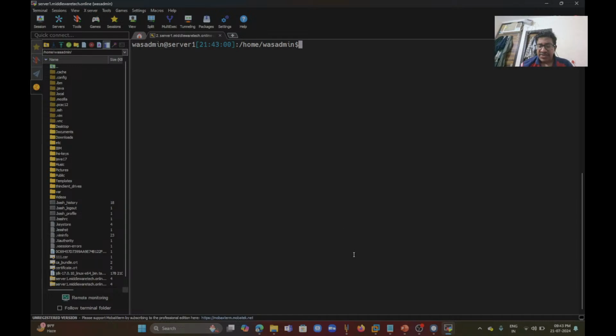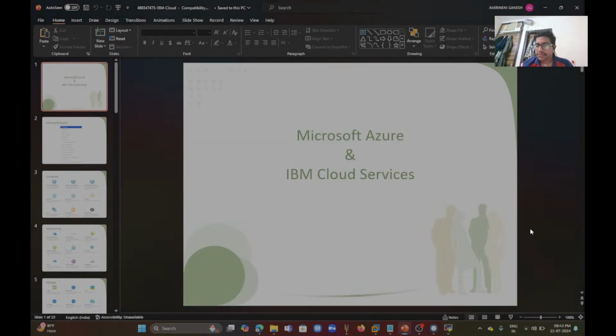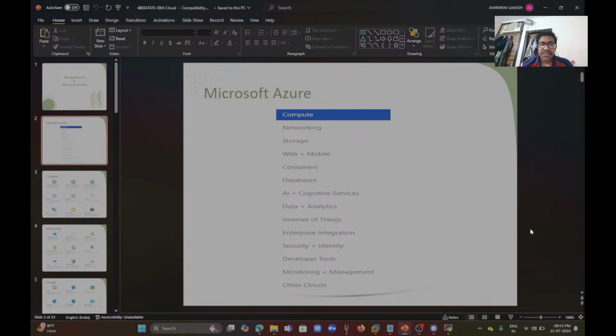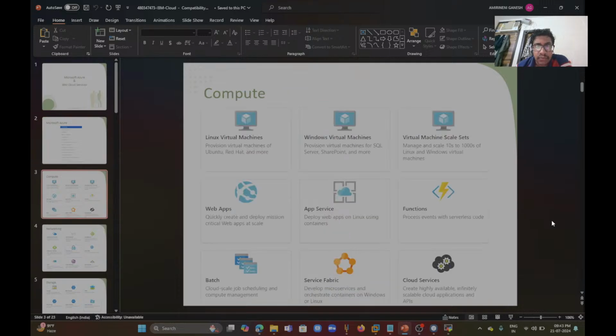Now these are some of the services available. I will show practically. These are the services: compute, networking and storage, web plus mobile, containers, database, IoT things, security plus identity, development tools and other tools are available like this.